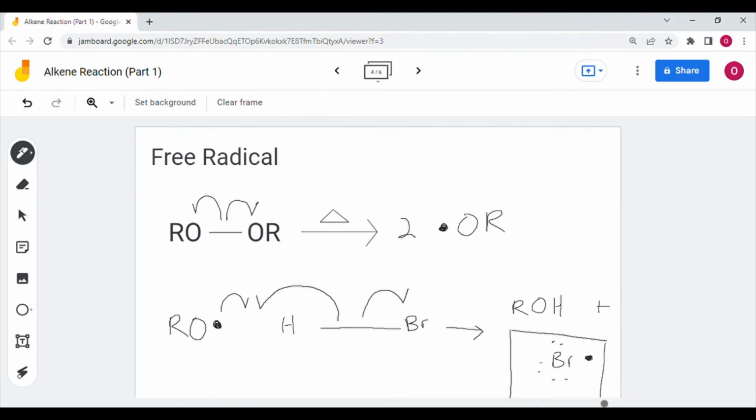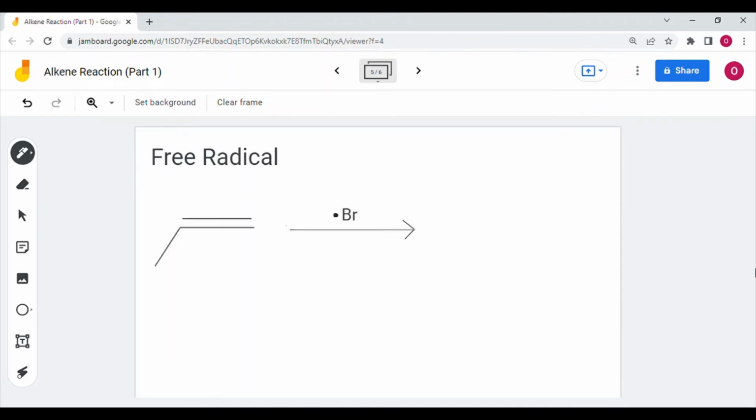this is the molecule we are most interested in. So now the next step is to basically react this alkene with bromine which has a free radical. So when we react this, what ends up happening is that the free radical ends up going on this carbon. And the reason for this is because this is going to create a secondary free radical, which is more stable than a primary free radical.